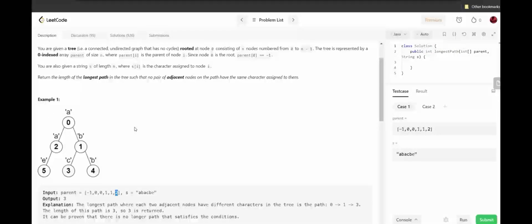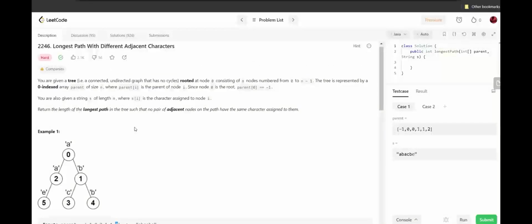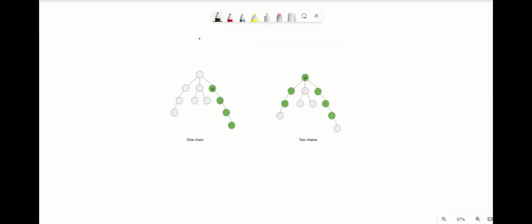Now let's look at the possible solutions for this problem. So let's look at this solution. Since the problem statement requires us to find the longest path, for a given node, if you want to find the longest path that includes this node, we need to select two of its children that have the longest path values, and include them in the result along with the parent, and this would be our resultant longest path, right?